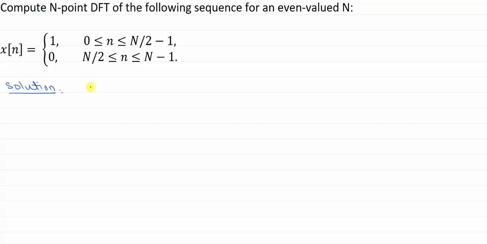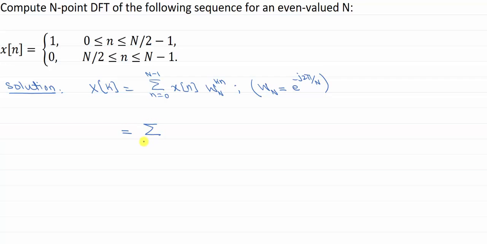So the solution is, let's start with the DFT formula. That is the sum over n from 0 to N minus 1 of x[n] W_N^(kn), where remember that W_N is defined as e to the minus j 2 pi over N. Now I look at this expression and I see that x[n] is 0 for all values above N/2 minus 1, so I only go up to N/2 minus 1.